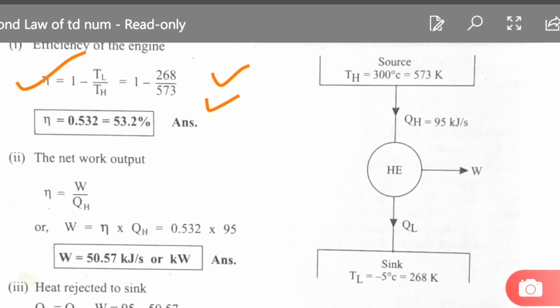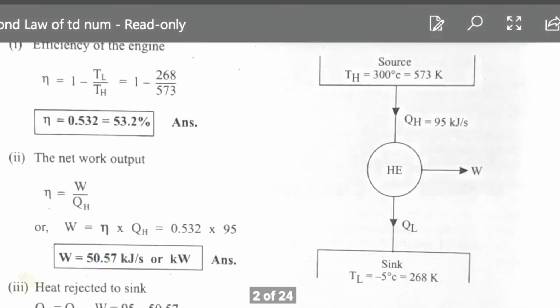So here this formula is used in terms of temperatures. Now the value of the Carnot efficiency will be 0.532 or 53.2%.